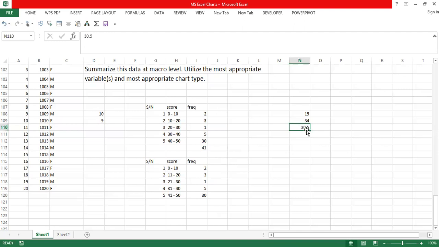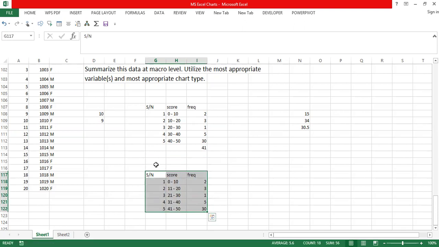This number, 30.5, you can't locate it in this frequency distribution table. Can we all see that? Why? Because this is representing discrete data, not continuous data.